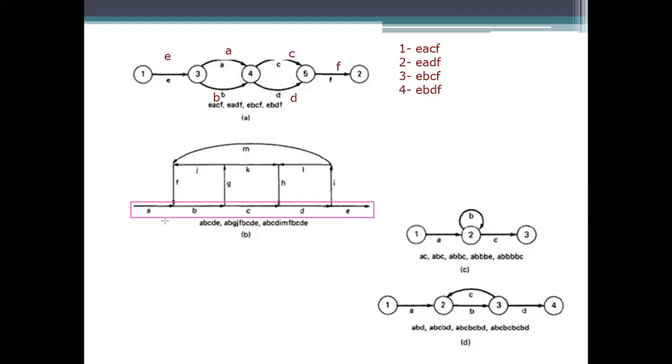Next, coming to the second one, while I reach A, then I should go for the B. Okay. After B, I may have the possibility of getting the new representation.